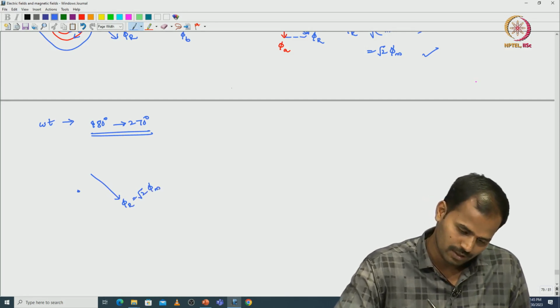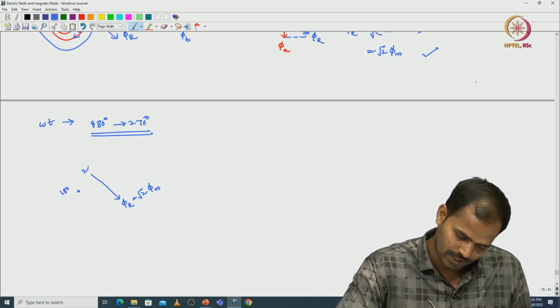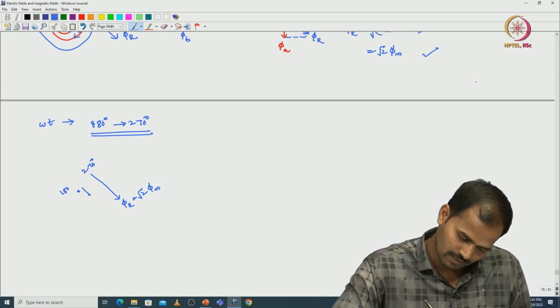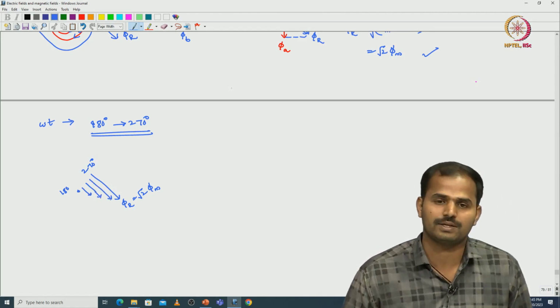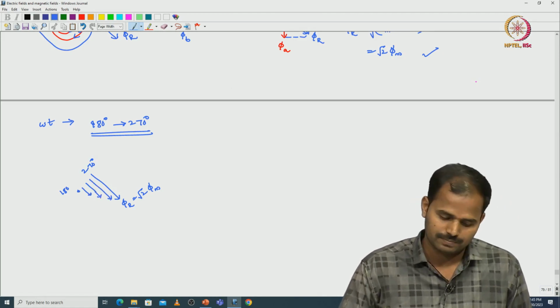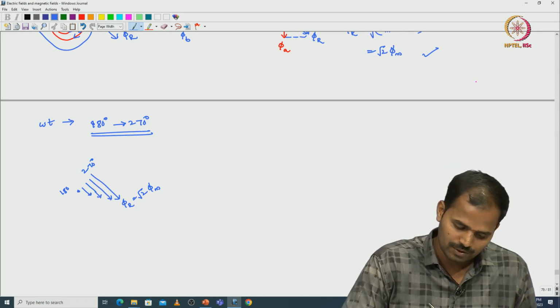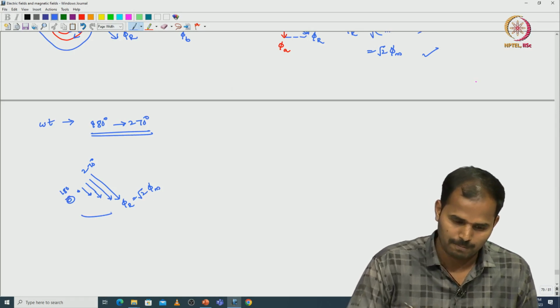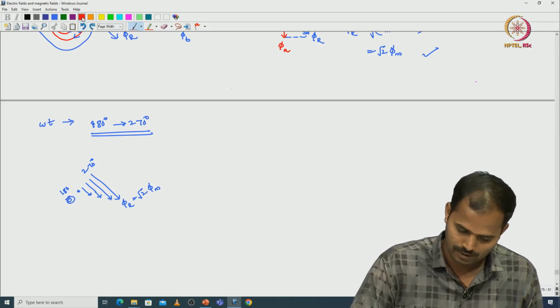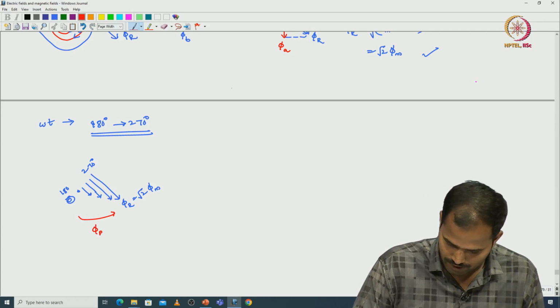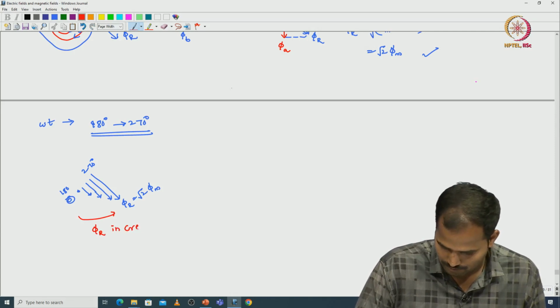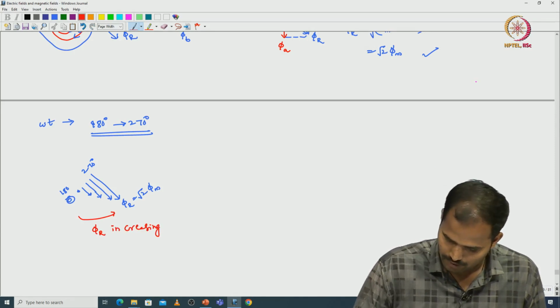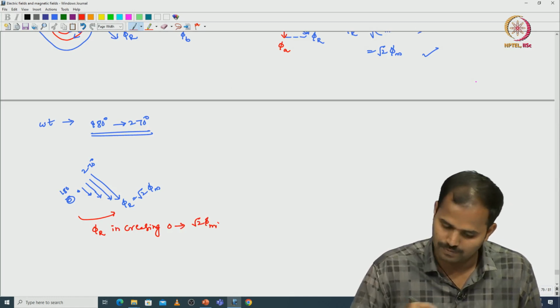In between 180 to 270 degrees, the resultant flux vector magnitude will increase in the same direction, from 0 to root 2 phi m. Phi r is increasing from 0 to root 2 phi m.